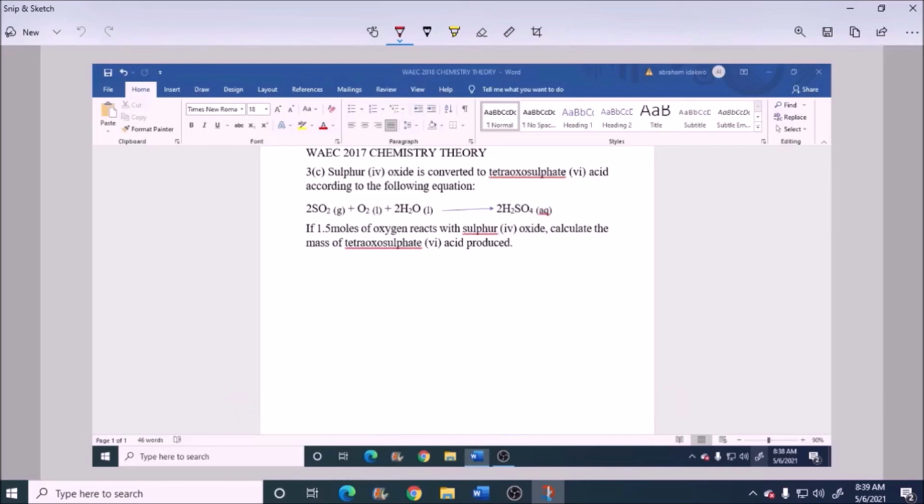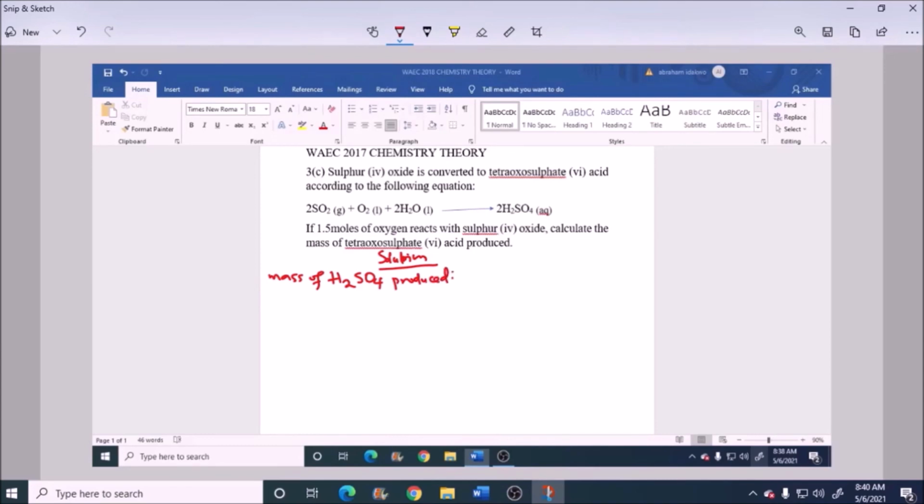So, solution: we are asked to calculate the mass of H2SO4 produced.